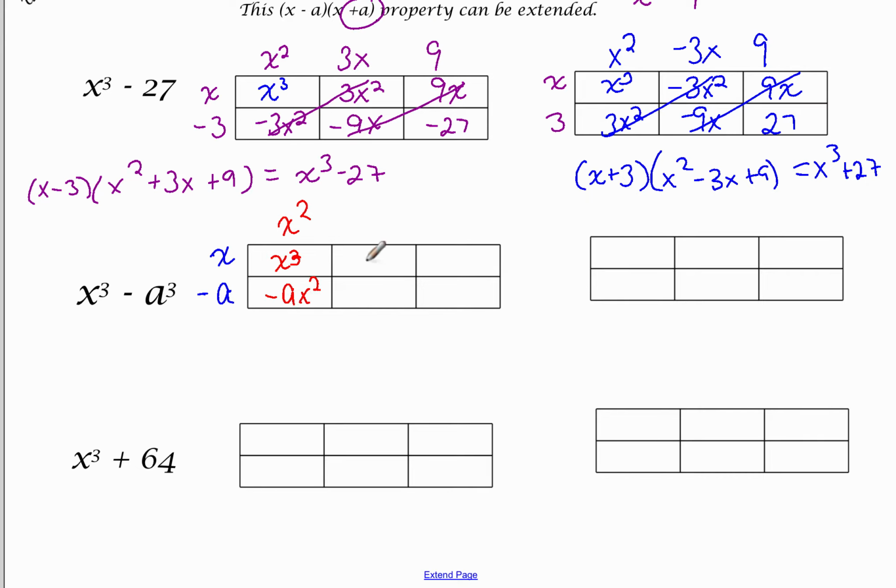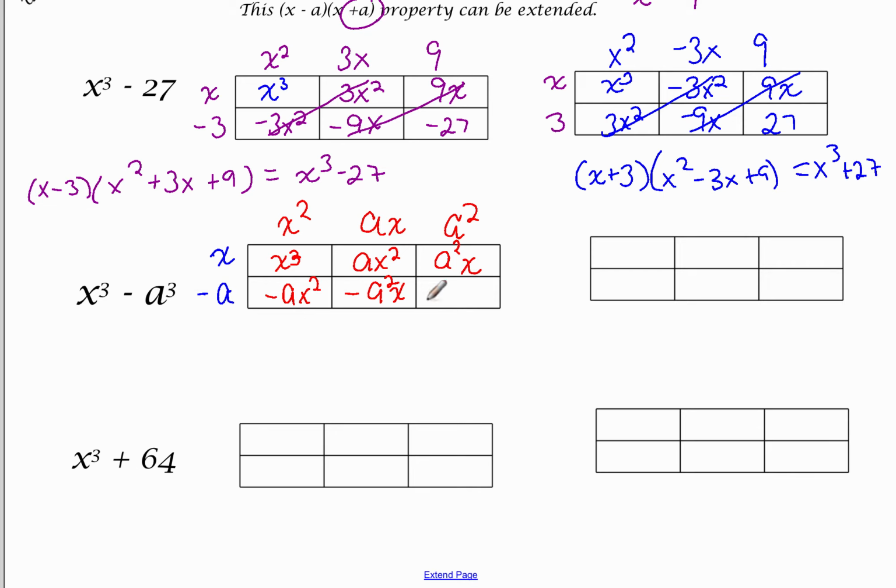Okay, that has to cancel out because I don't have any x squareds in there, so that has to be positive ax squared. So that's ax times negative a is negative a squared x. And I have to have that cancel out, so this has to be positive a squared x. And I can get that by putting a squared there. A squared times x is a squared x.